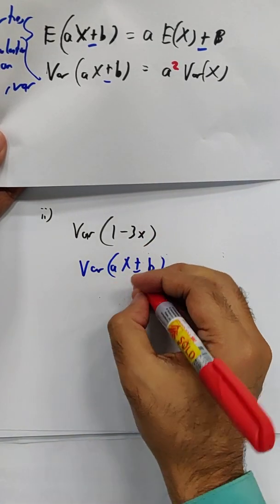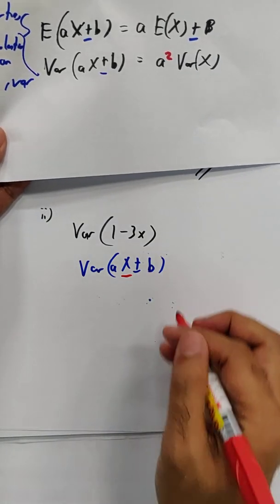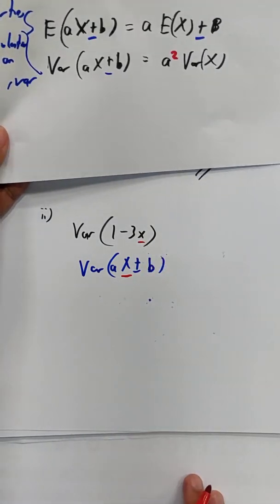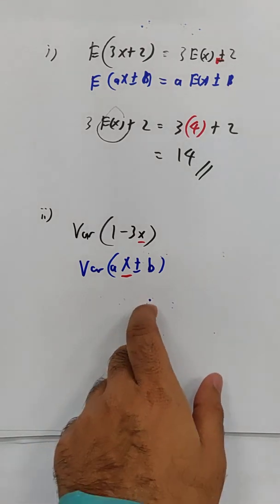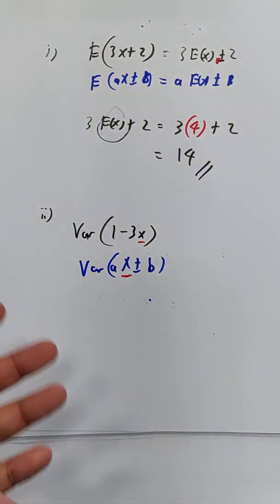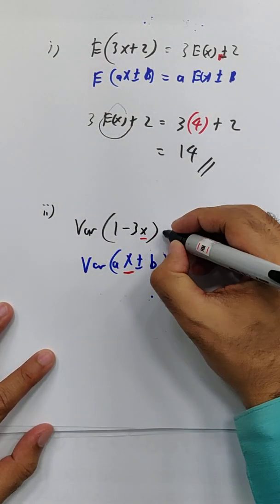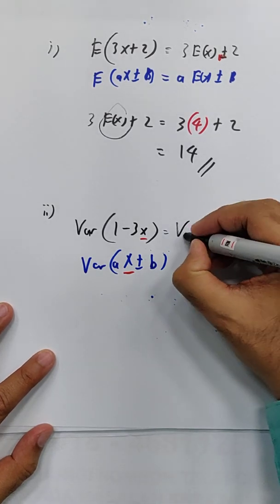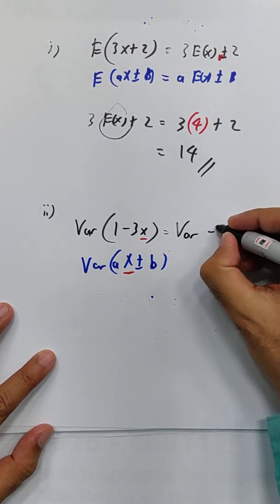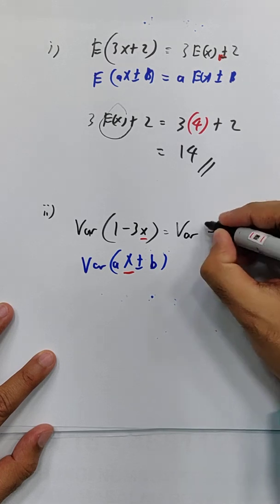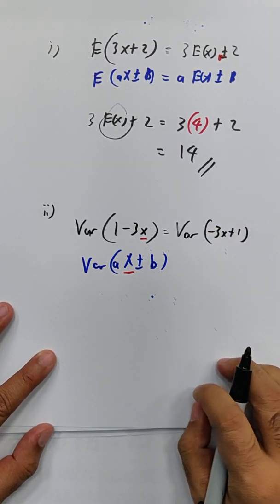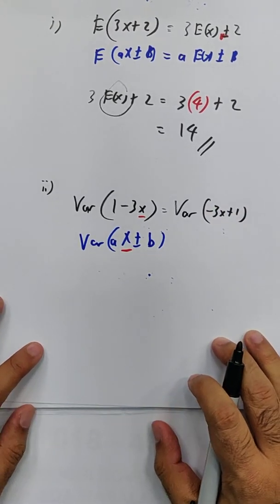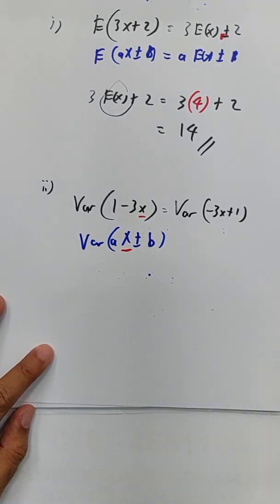If you look at the formula, x is on the left side. This one, x is on the right. So to make things easier for you, I highly recommend you manipulate this so it becomes something like this: minus 3x plus 1. Are you okay? It's the same thing, just easier for your eyes.